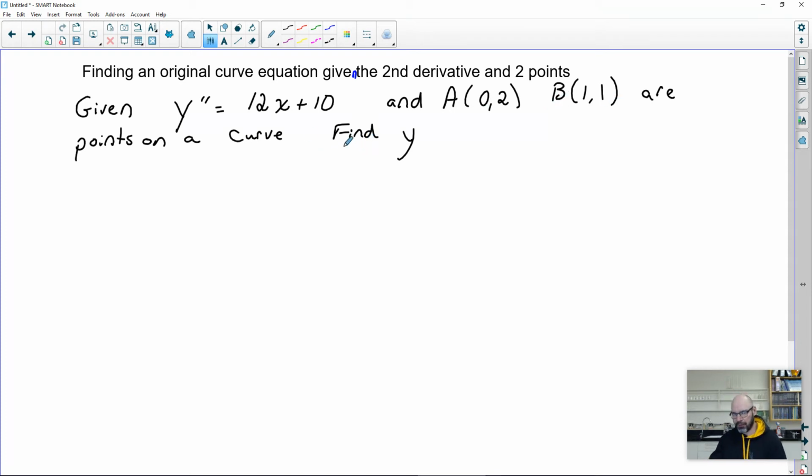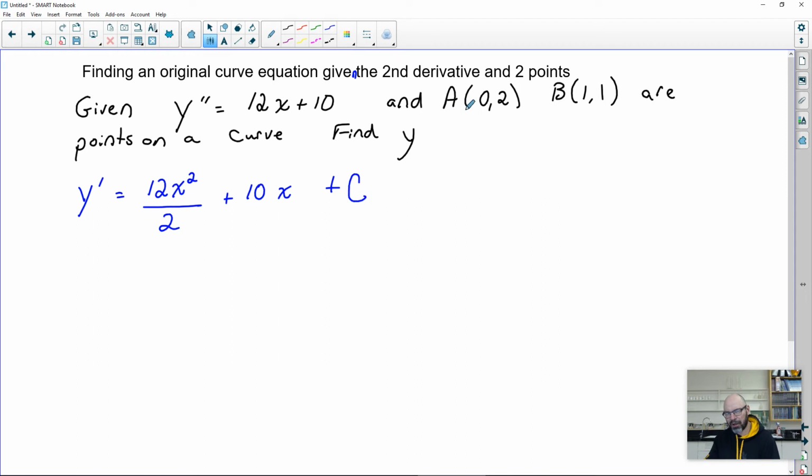Find y. So what we're going to have to do is antiderivative twice, and then plug in these points to find C1 and C2. So first of all, we do the antiderivative to get y prime. The antiderivative of this is 12x to the power of 1 plus 1, which is 2, over 2, plus 10, and there's no x there, so we add 1, over 1, plus a constant.